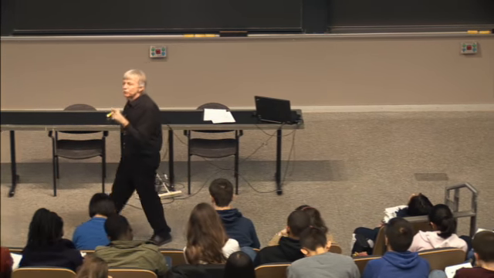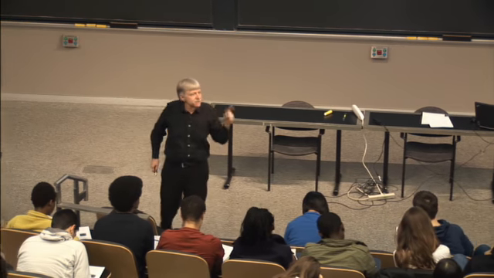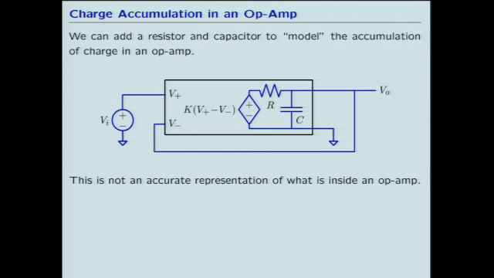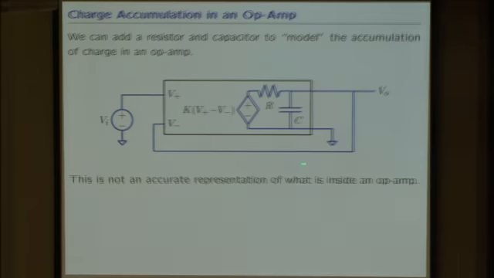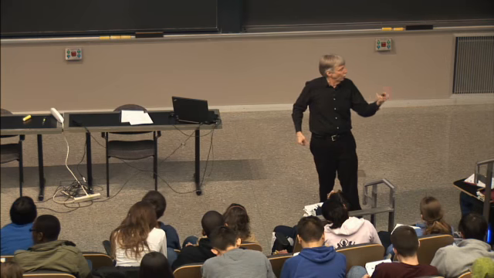We can make a much more realistic model for the way an op-amp works by explicitly making a representation for how the charge flows. And that's shown here. I'm going to take the voltage-controlled voltage source model, but explicitly make a representation for the output charging up. What does the op-amp do?